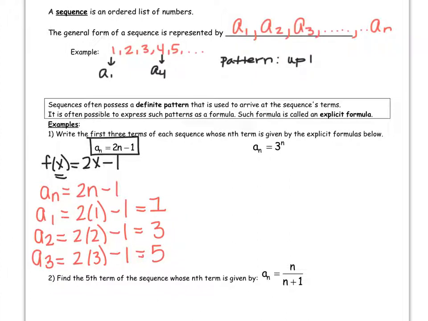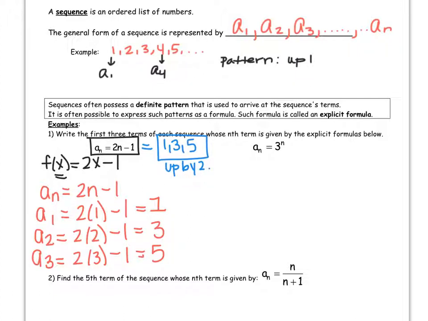So the first 3 terms of this sequence are 1, 3, and 5. Okay? And they do have a pattern. The pattern is technically up by 2. I know they're not asking for that, but that's what those 3 terms would be.